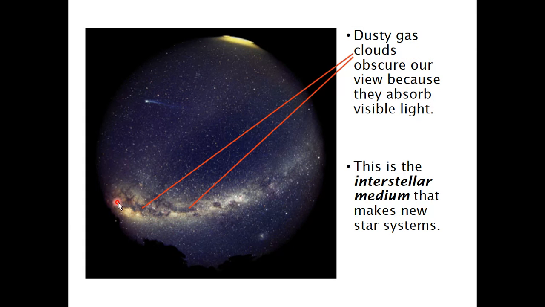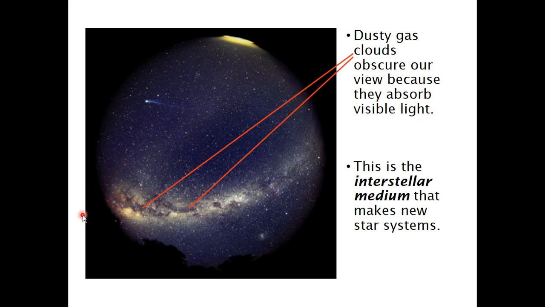And down here, there's this stream of gas and dust. If you go out and look tonight, if it's really dark, you can see a kind of faint haze, unless it's super super dark. These are all going to be fairly long exposure images like this.